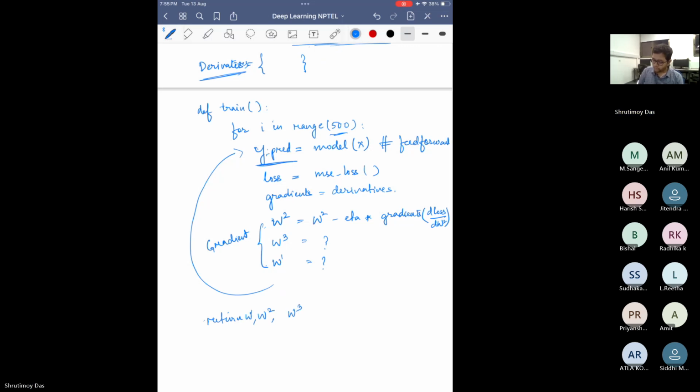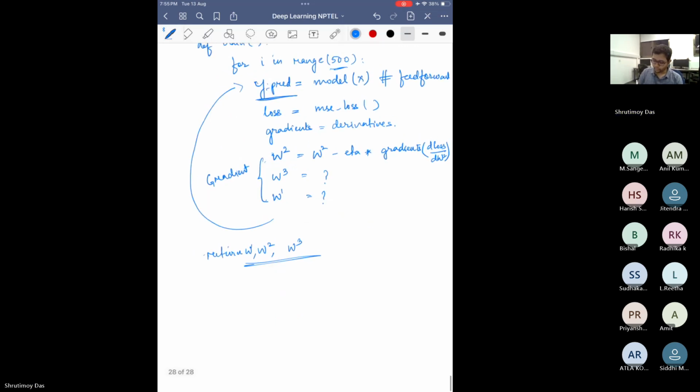Once you have the new W1, W2, W3, you can use some test data to predict, so pass X test in this case. This is the whole flow of neural network training, from feed forward to back propagation to testing.